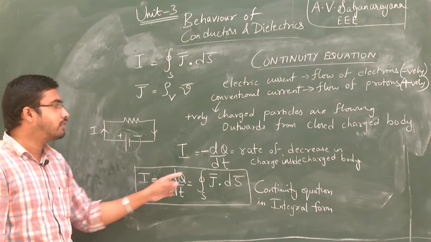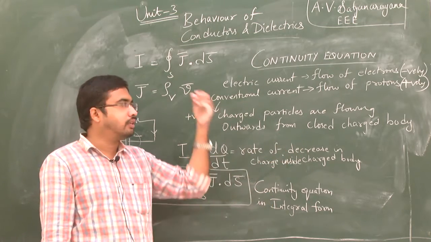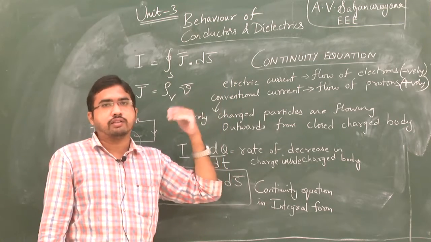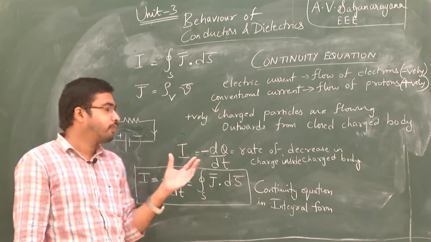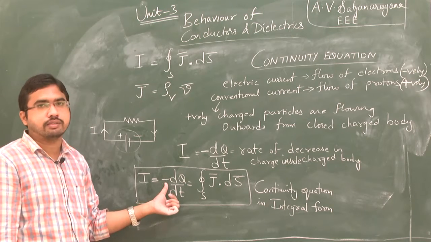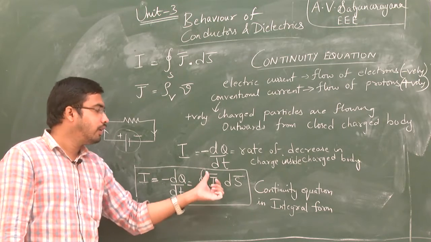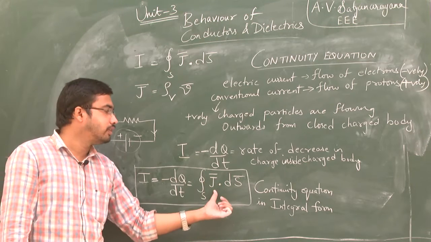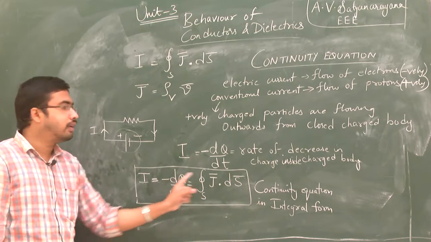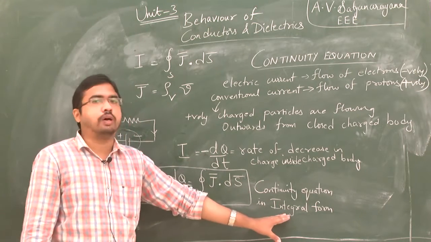Why I am keeping minus means here the rate of the charge is decreasing as the volume of the body is giving away the charge. Charge is flowing outwards from the body. So inside the body charge is decreasing, that's why I am keeping minus sign. So I equal to minus dq by dt, that is equal to closed surface integral of j bar dot ds bar. This particular equation is called as continuity equation, that too in integral form.